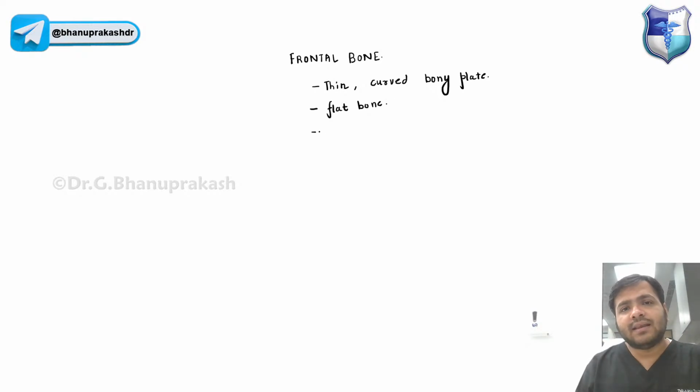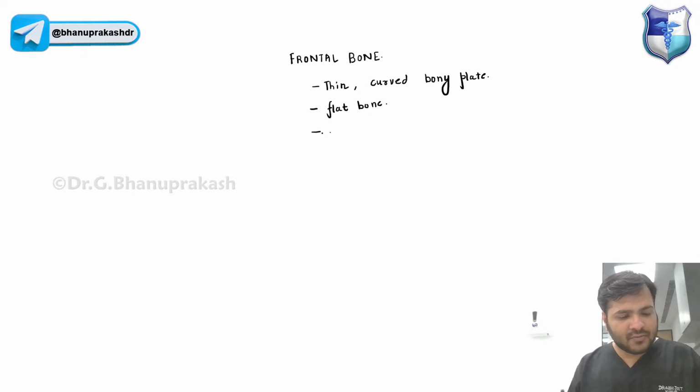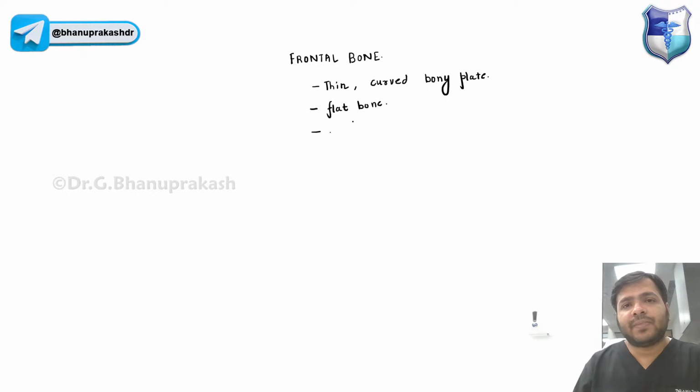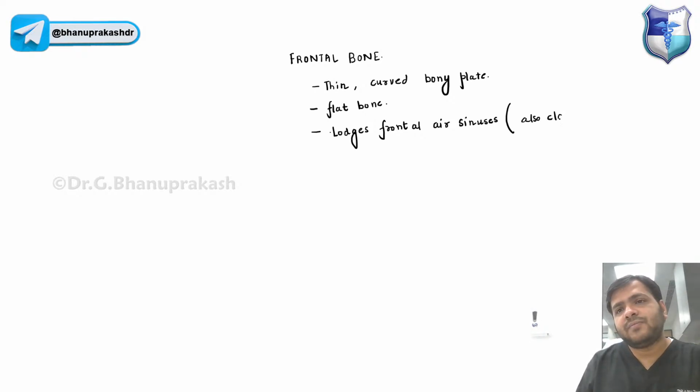And inside the frontal bone, guys, it lodges the frontal air sinuses. Now these frontal air sinuses, they are also classified under pneumatic bones. It can also be called a pneumatic bone because it is containing the frontal air sinuses.